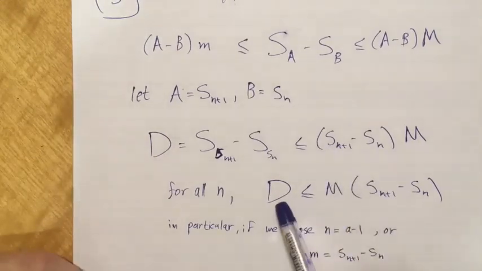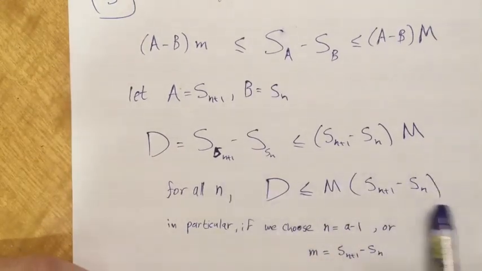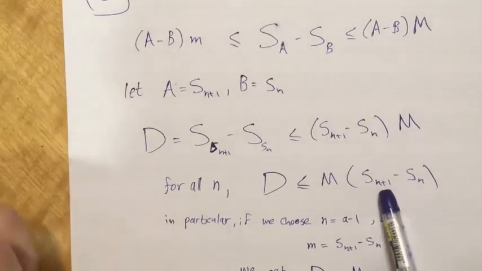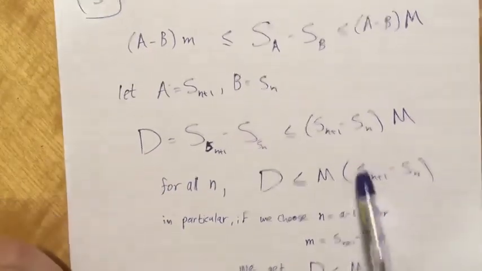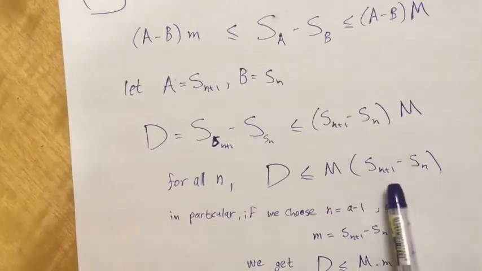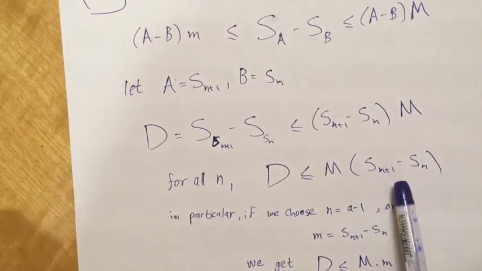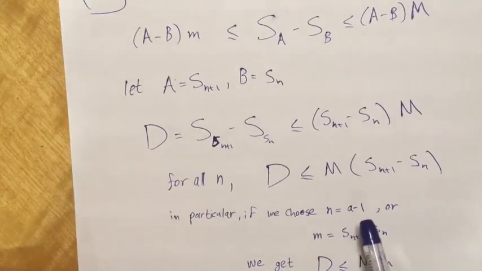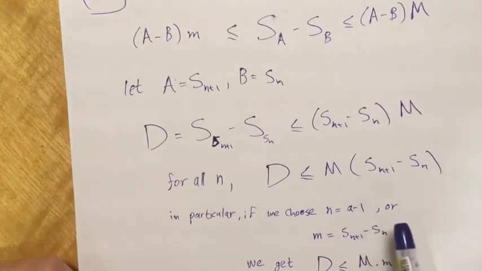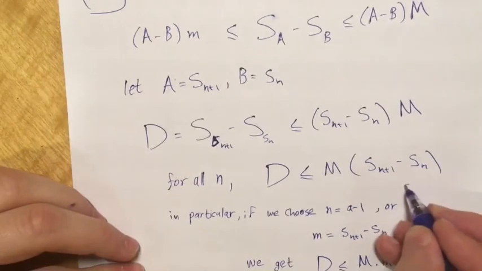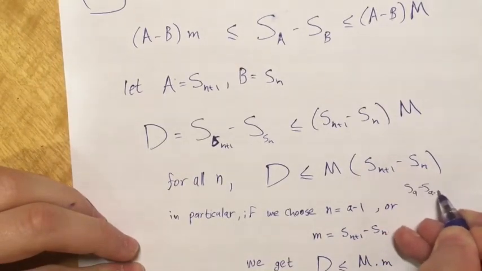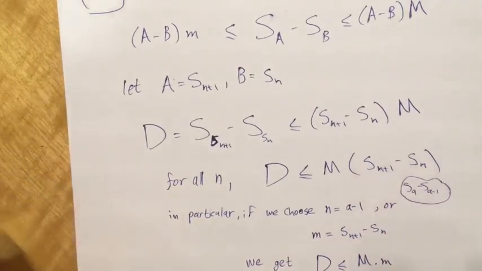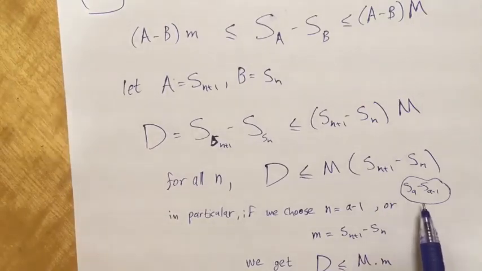In particular, to get the most out of this relationship, let's choose n so that this expression is as small as it can get. Earlier we chose A such that S_{A minus 1} is the smallest difference in this sequence.